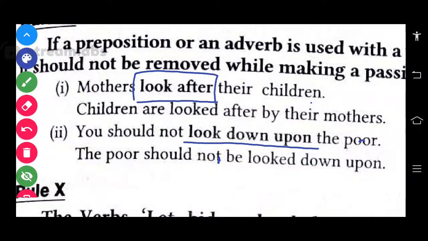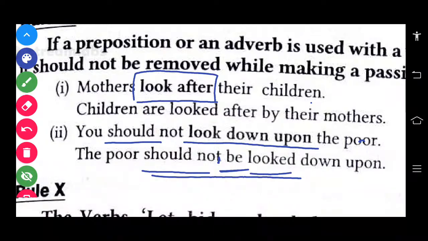In your mindset you should not think like that. Here should is used: should plus V1, so auxiliary plus V1. When we have to use the auxiliary, we use auxiliary plus be plus the third form of the verb. The poor is the object. The poor should not be looked down upon by you, or we need not use by you. Did you understand this? Clear up to here?